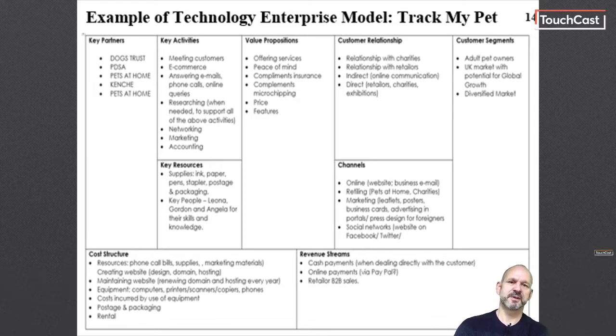In this way, companies can revolutionise their way of producing, selling and promoting their products and services to survive in this highly competitive market. So I hope that's provided some insight into the nature of technology entrepreneurship and the sort of challenges faced by the technology entrepreneur in today's fast-moving market.